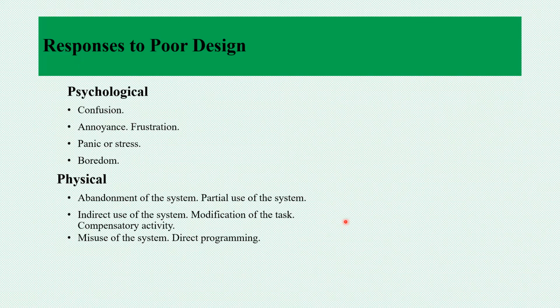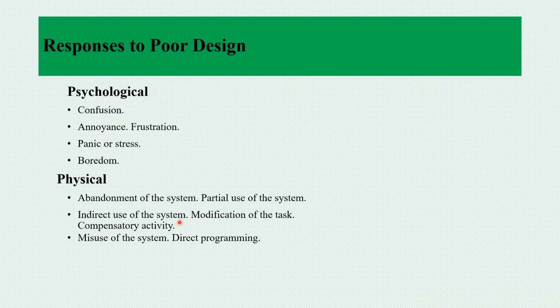Partial use means only a portion of the system's capabilities are used, usually those operations that are easiest to perform, and most of the other operations might be ignored. And indirect use of the system. Indirect means an intermediary is placed between the would-be user and the computer.